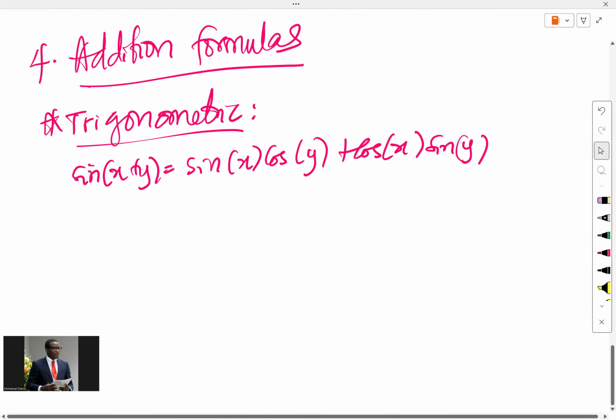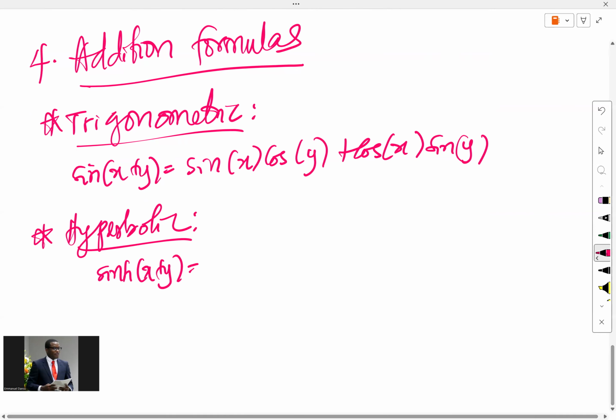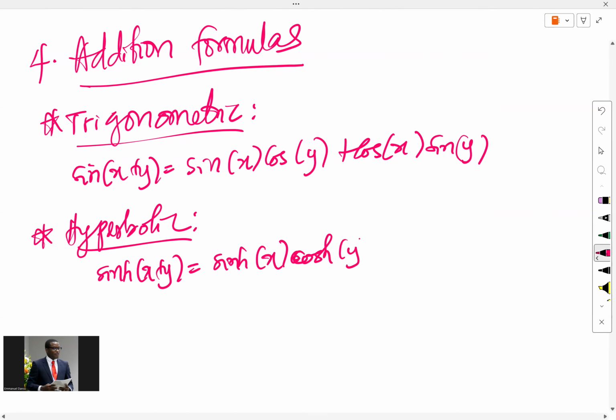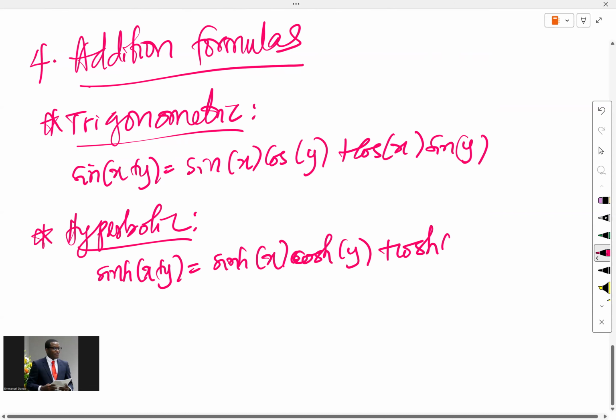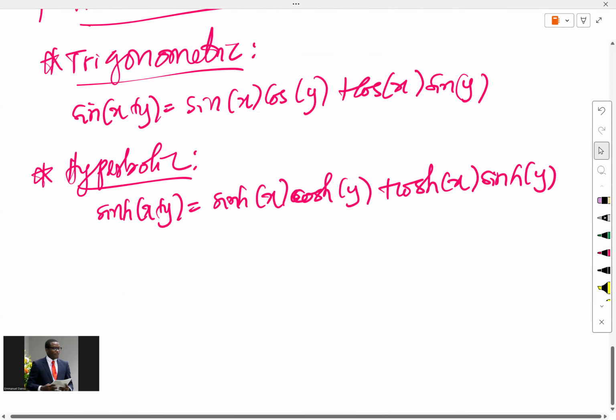Then, of course, you can talk about sine of x minus y and all that. Then for the hyperbolic function, you have sinh of x plus y, which is just about the same: sinh x cosh y plus cosh x sinh y.